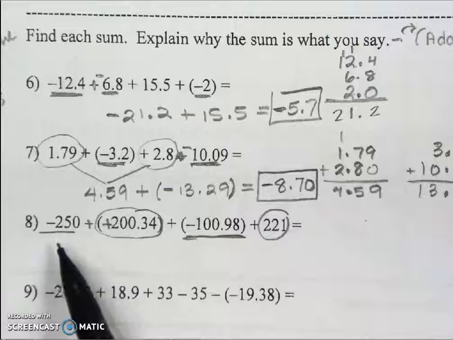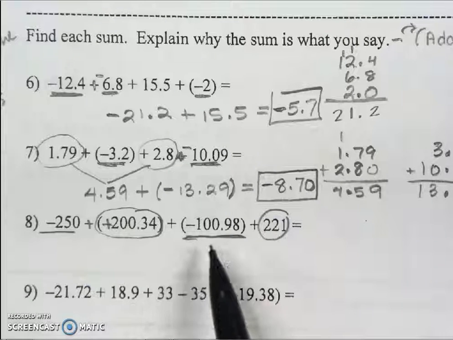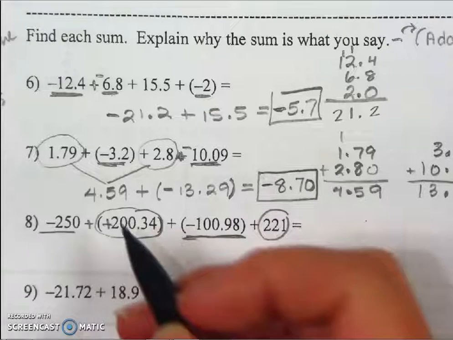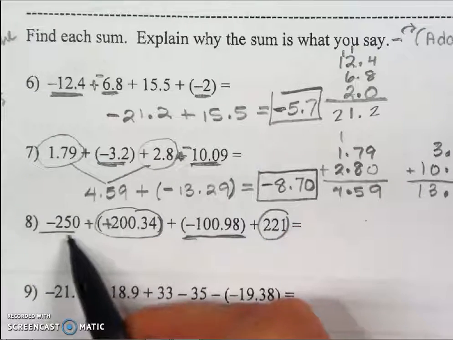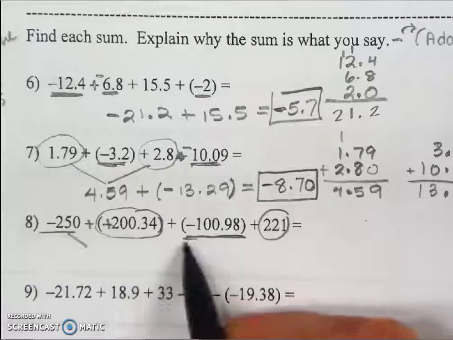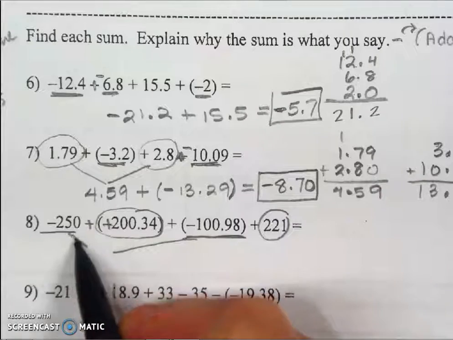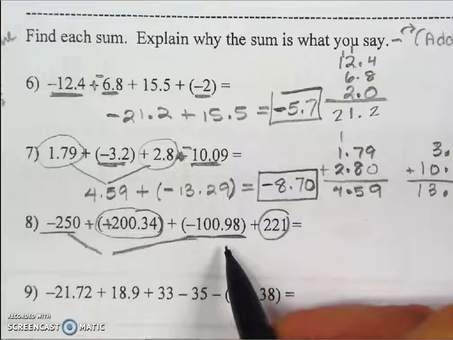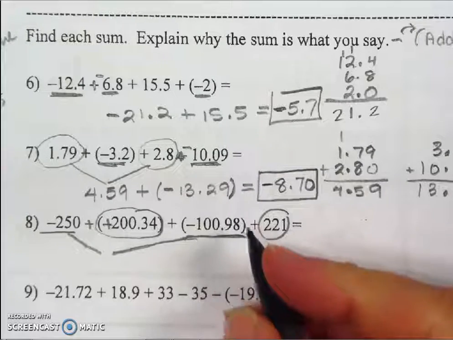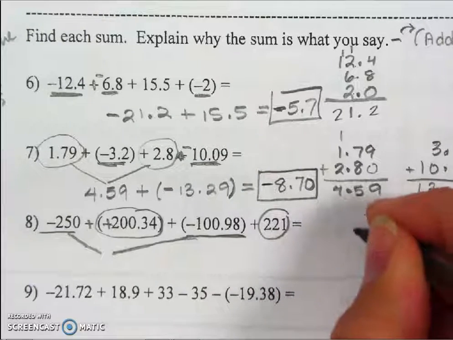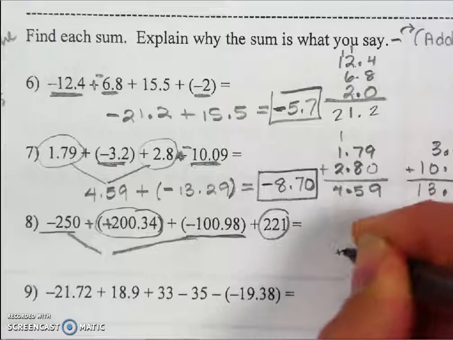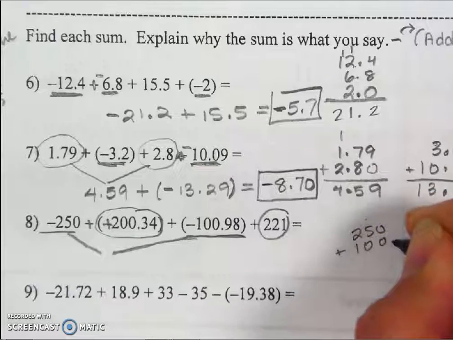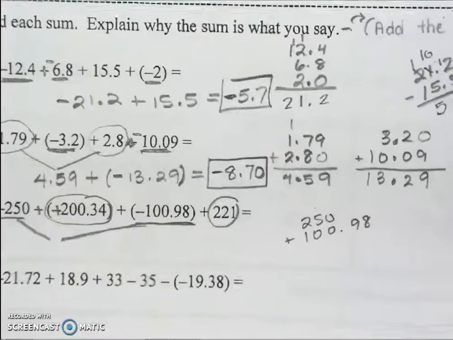All right, so let's look at combining our negatives and our positives together. So let's combine the negatives first this time, just because that's the first number there. So I know I have negative 250 in the front, negative 100.98 back here, and so I'm going to combine those together. So 250 plus 100.98. And remember to line up the decimals.